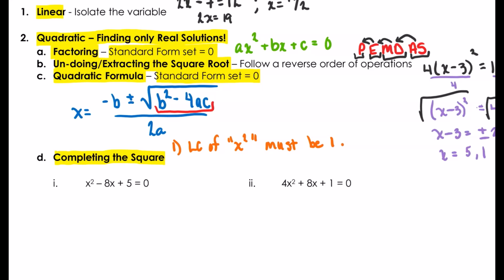And then the second issue is you have to figure out what is going to be the value to create a perfect square trinomial. And the special number that we find is b over 2. And then we square it, and then we add that to both sides, and then that creates the perfect square trinomial.